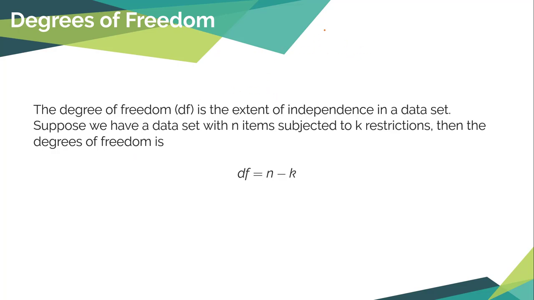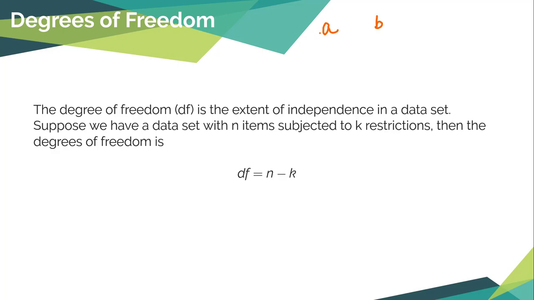Suppose we have two quantities A and B. I am not imposing any kind of restriction, not giving you any information about A and B. So it is unrestricted. In such a situation, you can take any value for A and any value for B.